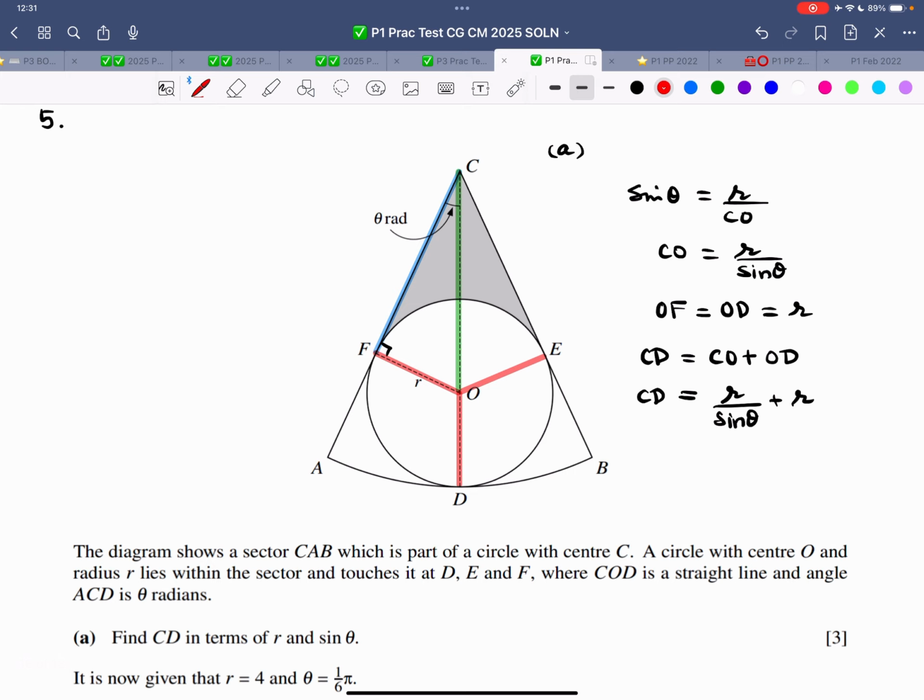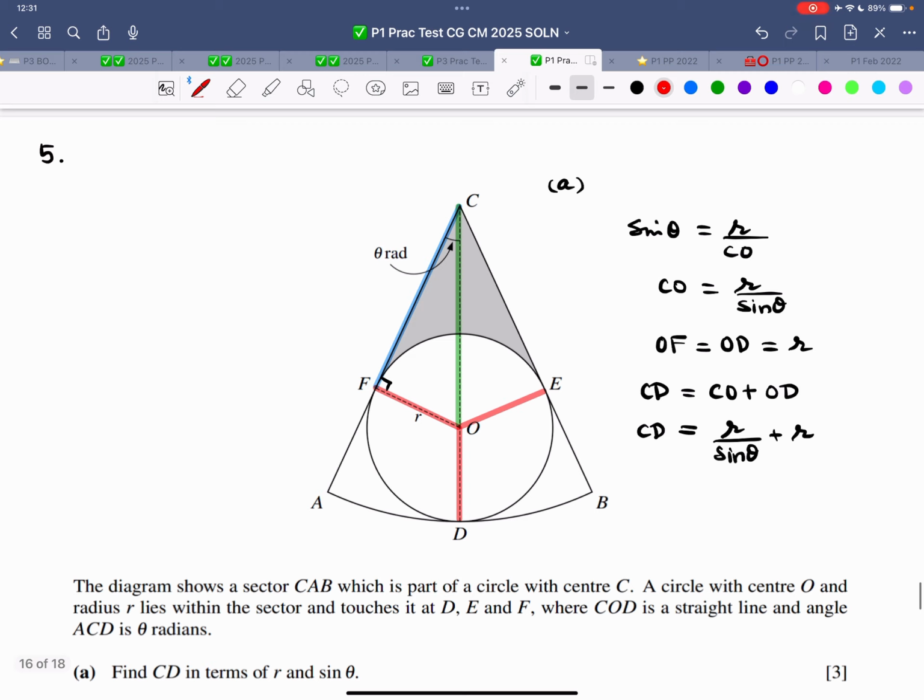Now first things first, sine of theta. Which triangle am I focusing on? I'm focusing on the triangle CFO. So if I focus on this, sine of theta is R divided by the hypotenuse, which is this green length, OC. So R over OC, or CO, order does not make a difference.